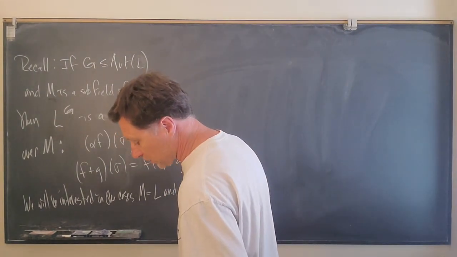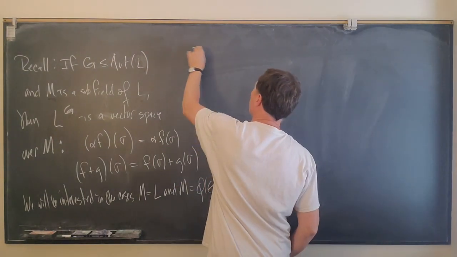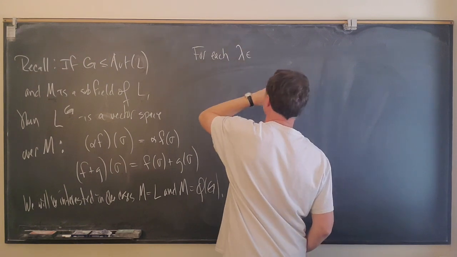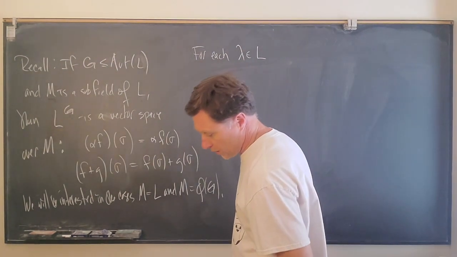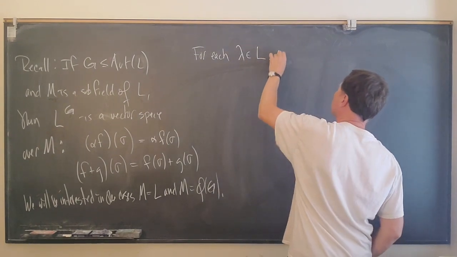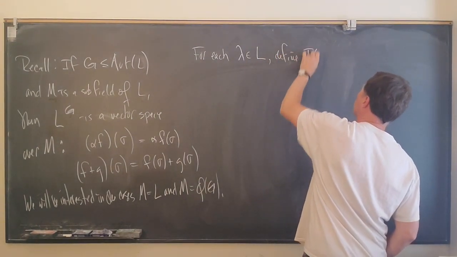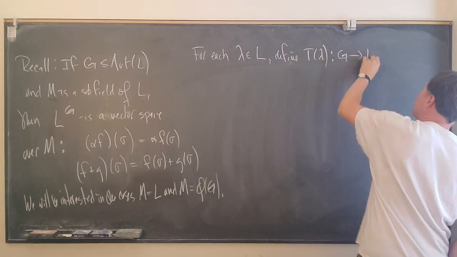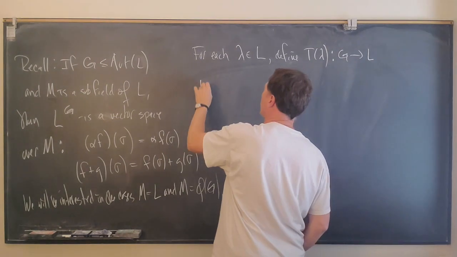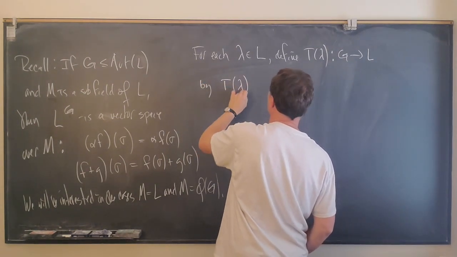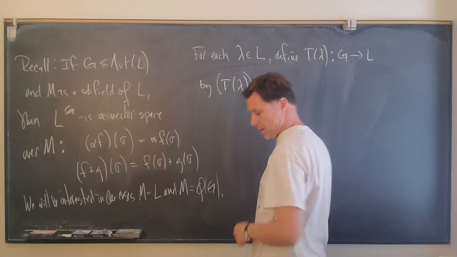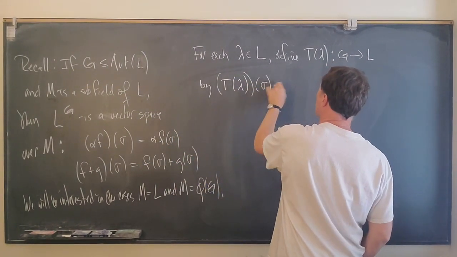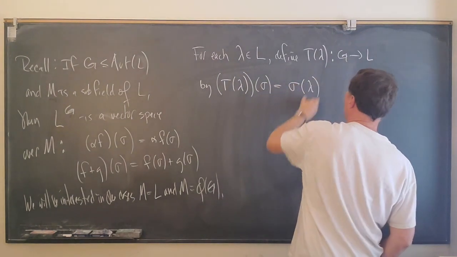And then there's a little bit of notation. For each little lambda in L, we can define a function t of lambda going from G to L by t lambda of sigma equals sigma of lambda.